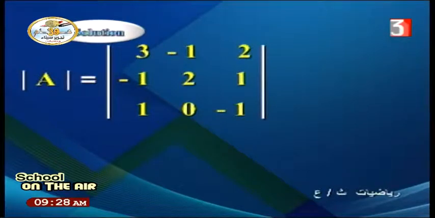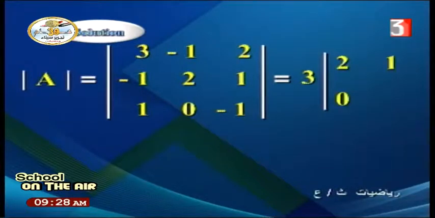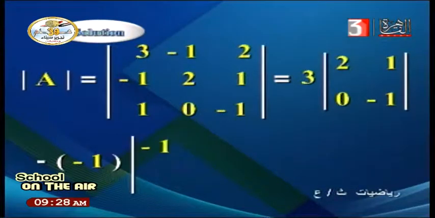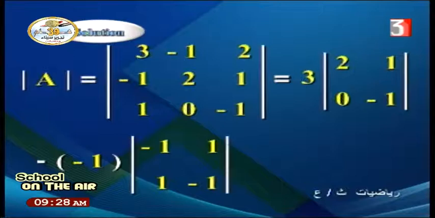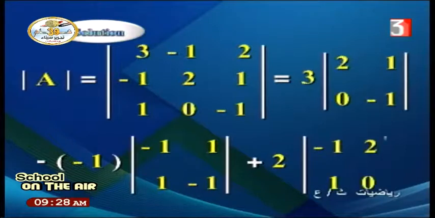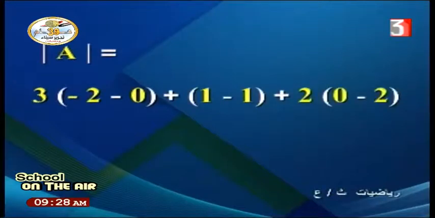Then 3 times the minor determinant 2, 1, 0, negative 1, minus negative 1 multiplied by the minor determinant negative 1, 1, 1, negative 1, plus 2 multiplied by the minor determinant. The value of A equals what? Negative 10.